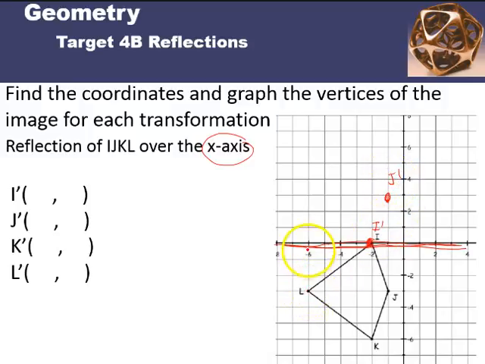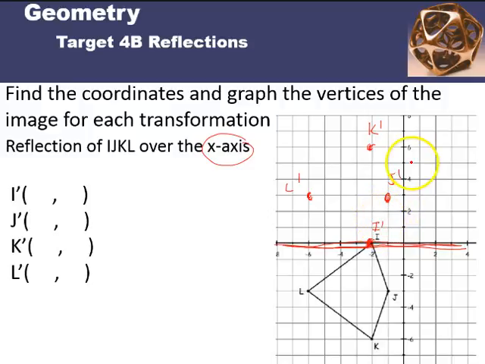L is 3 below, so 3 above, 1, 2, 3, is going to be L prime. And then K looks like it's 6 below. 1, 2, 3, 4, 5, 6. So 6 above, 1, 2, 3, 4, 5, 6, is going to be K prime.